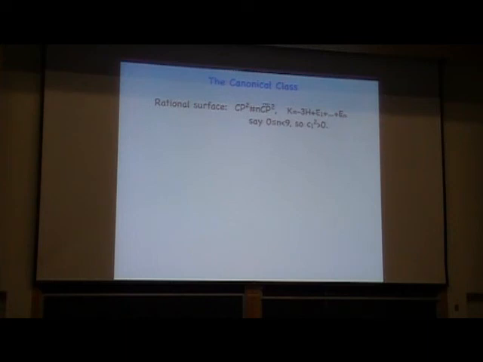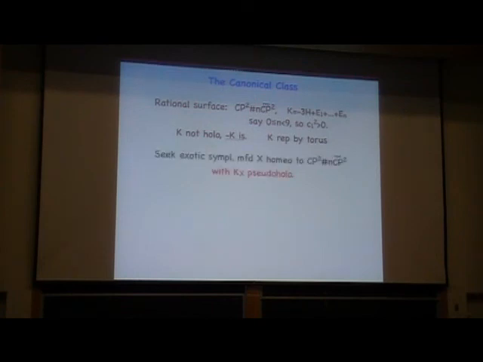So notice that this class is not represented by a complex curve because we have minus 3H plus the exceptional curves. In fact, minus K is represented by a holomorphic curve. And in fact, it's represented by a torus, as you know. And if you plug into the adjunction formula, you'll see why.